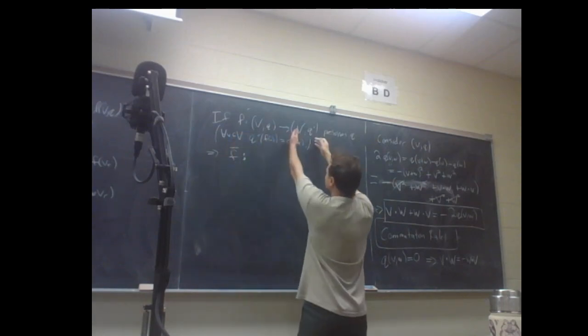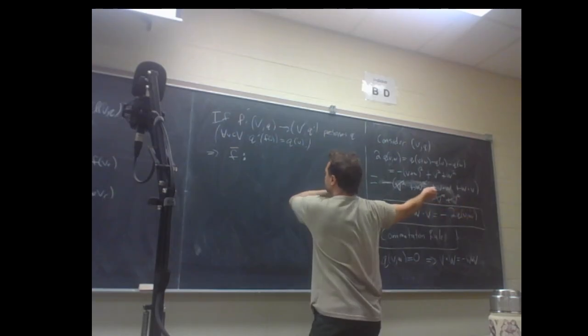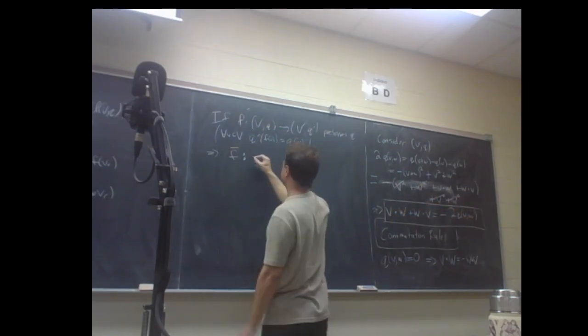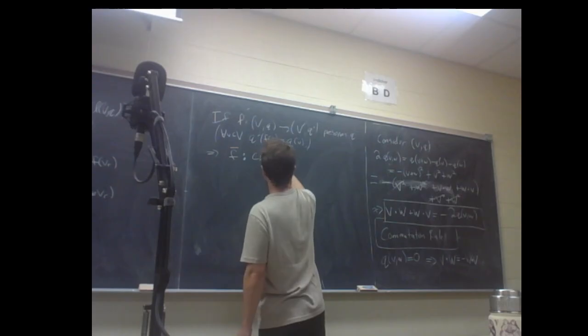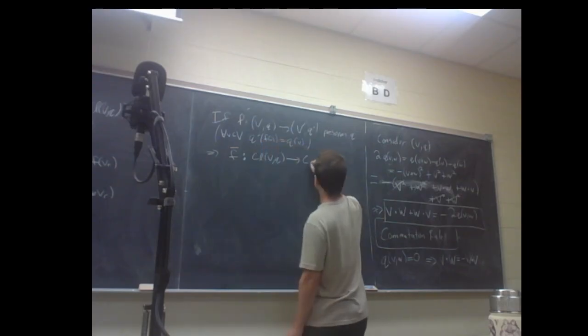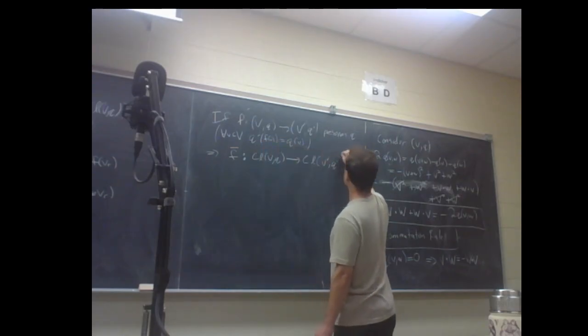On one hand, you think of Q prime as sitting inside its Clifford algebra, and then you check that this function preserves that ideal. So you get a function from the Clifford algebra for Q to the Clifford algebra for Q prime.